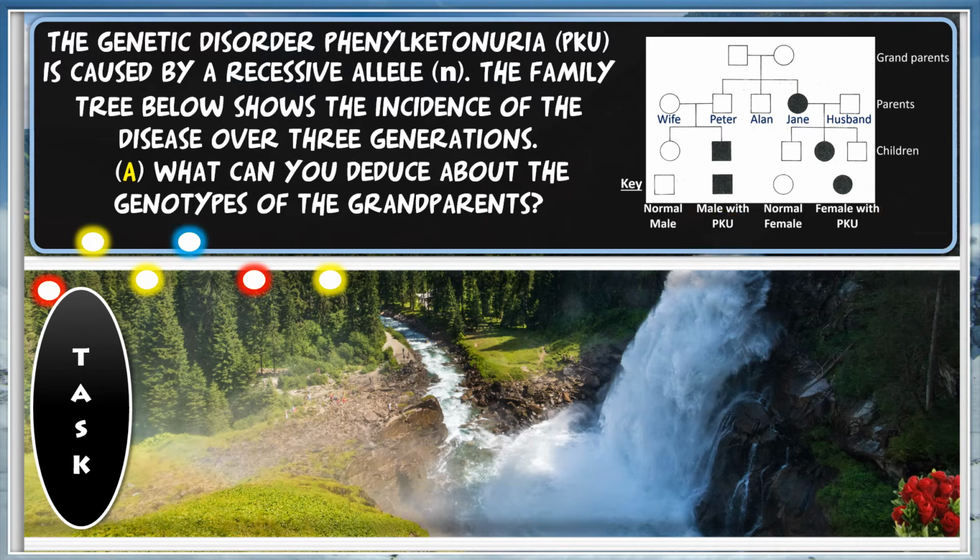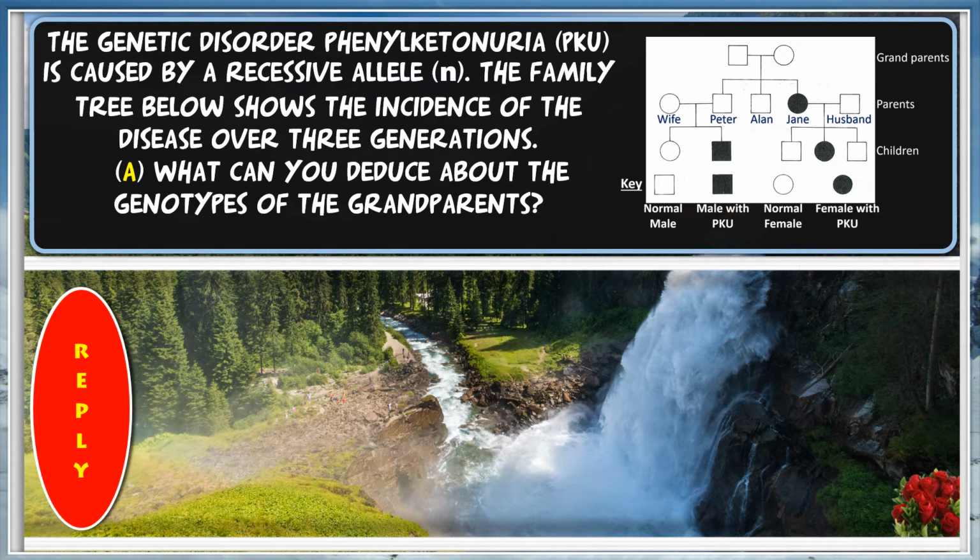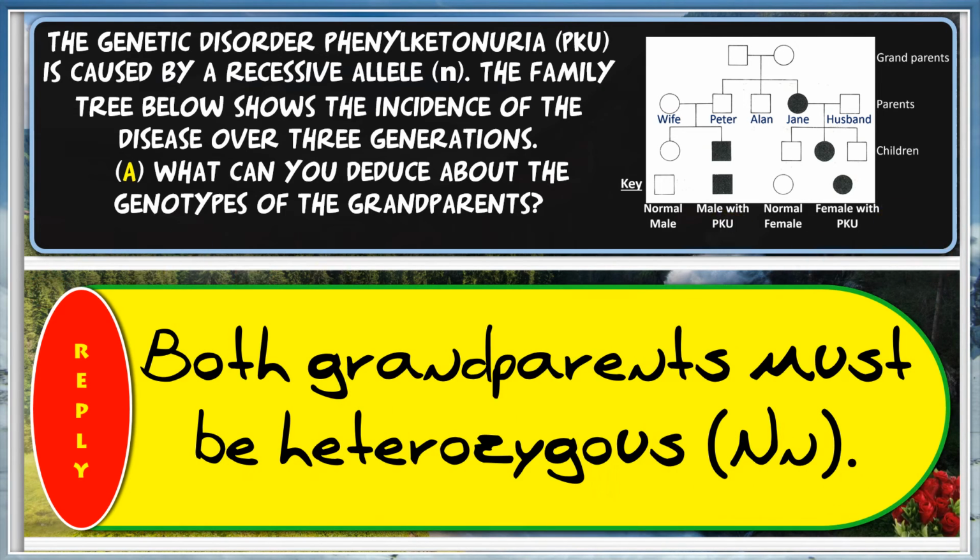Part A. What can you deduce about the genotypes of the grandparents? Both grandparents must be heterozygous, that is capital N, small n.